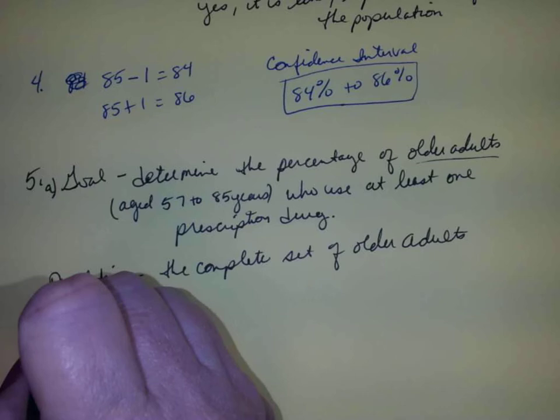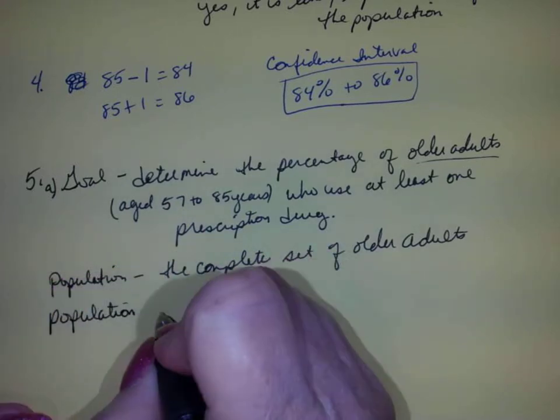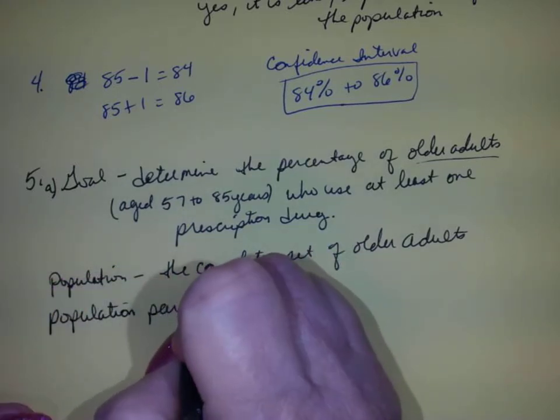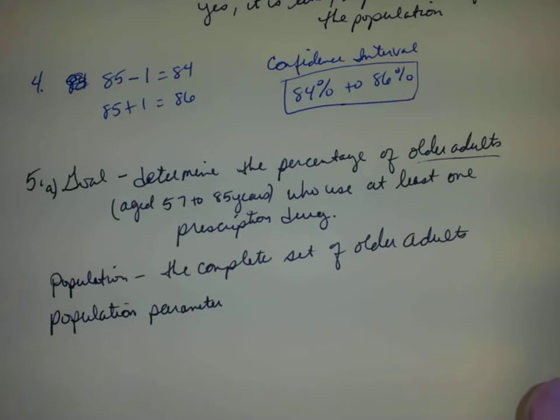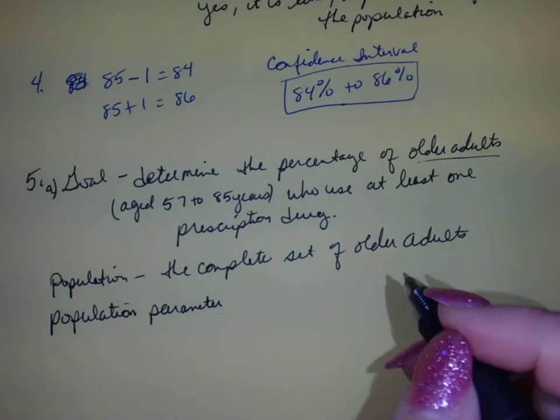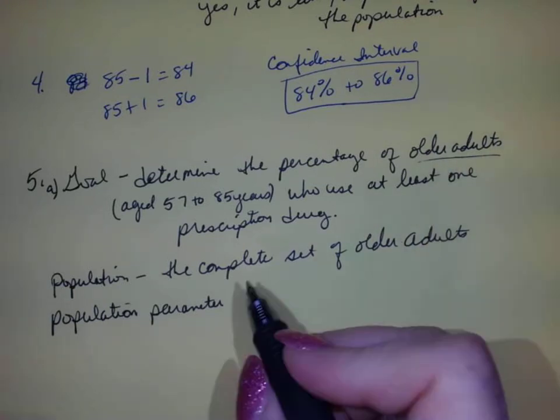Now, the other part we have is the population parameter. So what are we trying to figure out with regard to those older adults? We're trying to find out the percentage of all older adults who use at least one prescription drug.